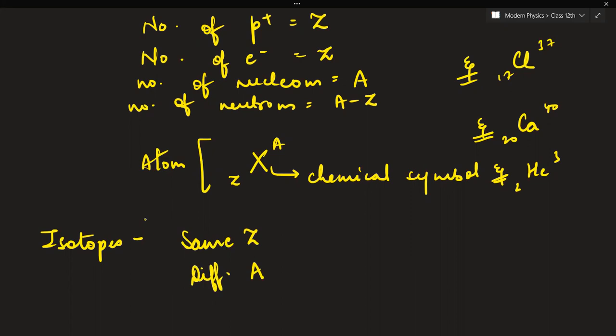Same atomic number, that is Z will be same, A will be different. Like hydrogen. Hydrogen has 3 isotopes. You must have heard of protium, deuterium, tritium, right?